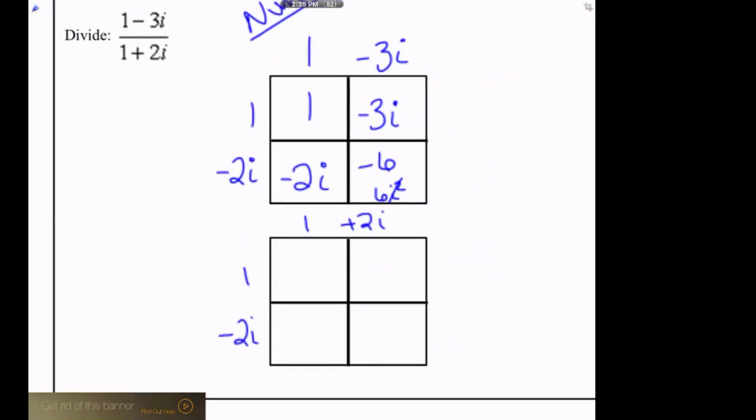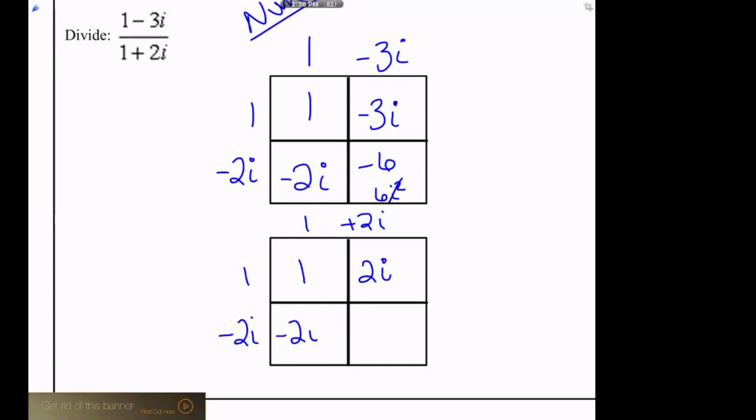Go ahead and repeat that same process in the denominator. Multiply your corresponding parts together. So filling out my boxes, I have 1 times 1, which is 1. 2i times 1, which is 2i.